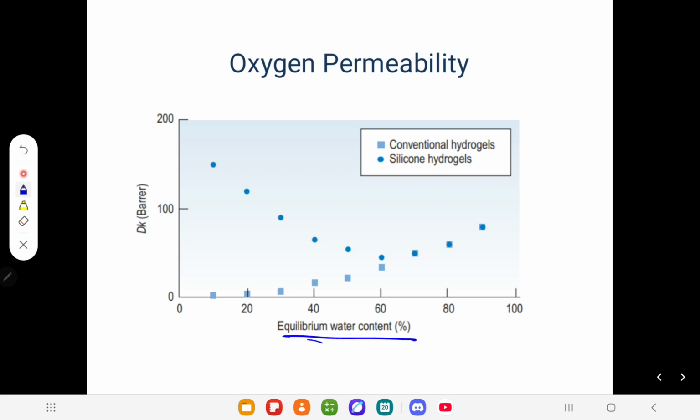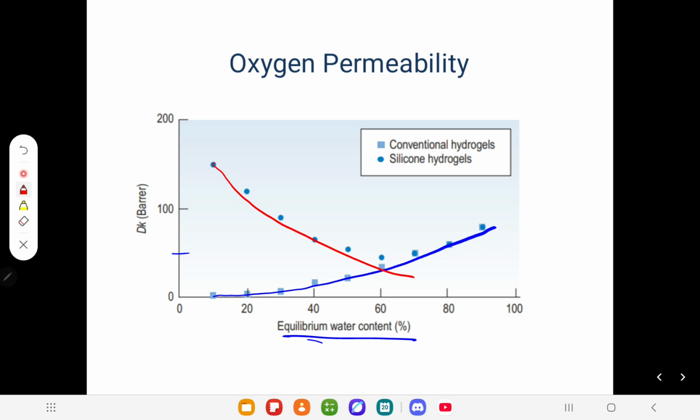See, equivalent water content: whenever water content increases, this is the line for soft hydrogel contact lenses. So Dk increases, yes, because in hydrogel contact lenses, the main component that brings oxygen from the anterior surface to the posterior surface is water. The more the water, the higher the Dk, simple. But in the case of silicone hydrogel, the higher the water, see, if you increase the water, Dk decreases.